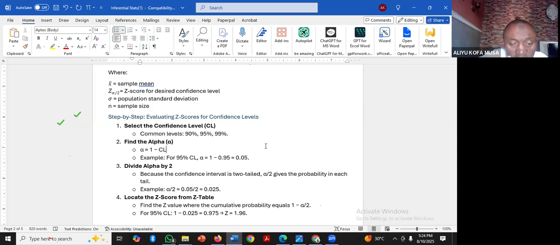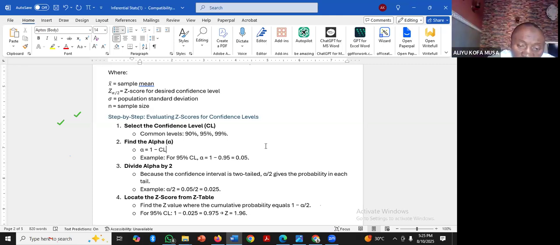Then the next thing, you calculate your alpha. And your alpha is equal to 1 minus CL. If I pick my CL as 90, don't forget, it's 90 over 100, and 90 over 100 is 0.9.